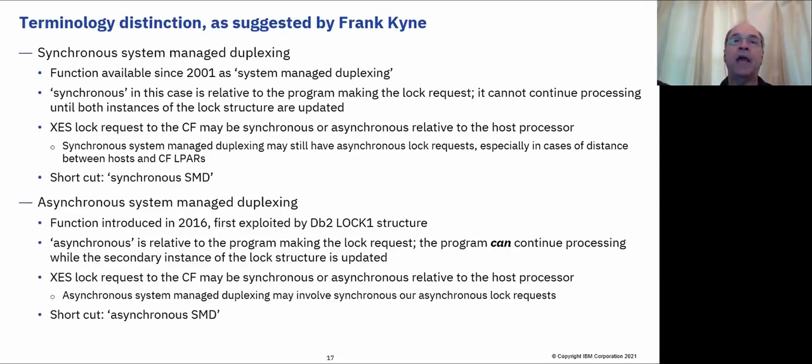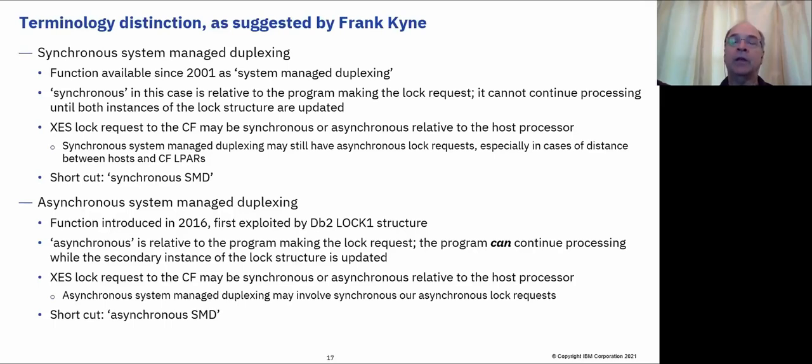And then the new capability, asynchronous system managed duplexing, which was introduced by XCF and z/OS, as well as Db2, and currently is only supported by the Db2 lock structure. Again, it's asynchronous duplexing relative to the IRLM.